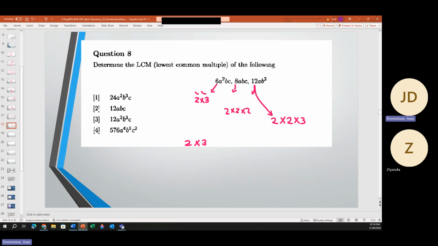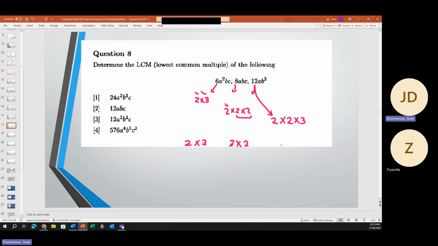So if I look at 2 times 3, what is missing from it if I look at the 8? Well, there is a 2, but I'm still missing those two numbers. So in this lowest common multiple, there's actually that 2 times 2 that is not covered.